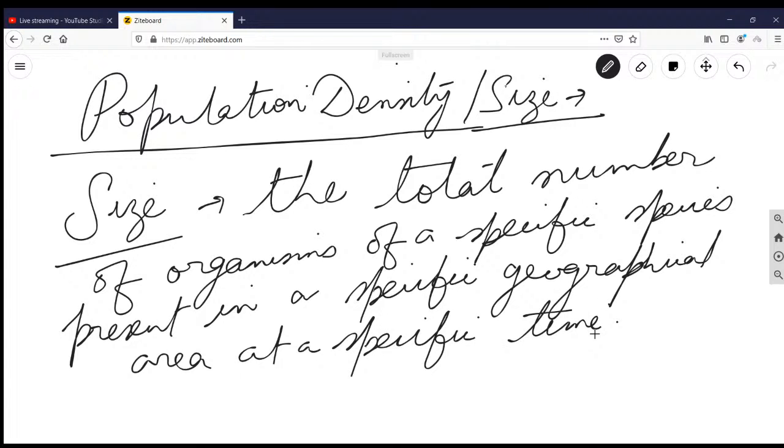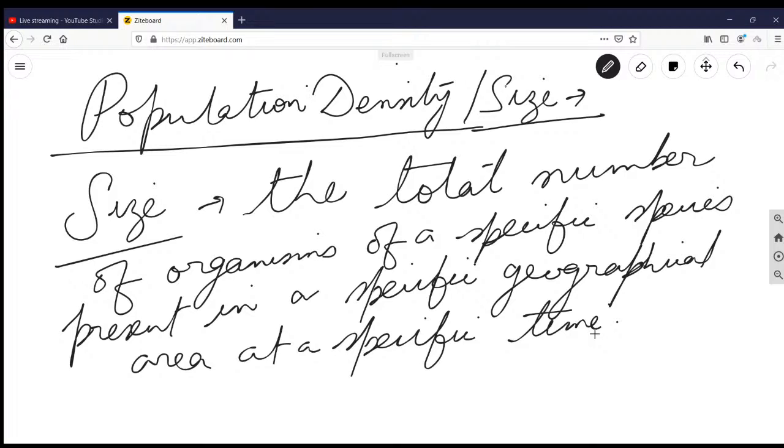So you cannot say that in 2012 in Lucknow there were 80 lakh people, in 2020 there may be 1 crore or more, right? You have to know the time, and if you want to go into deeper details you have to also mention which month of 2012, or which day of 2012 the counting of the population occurred.